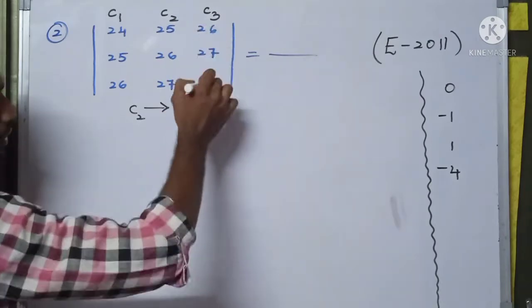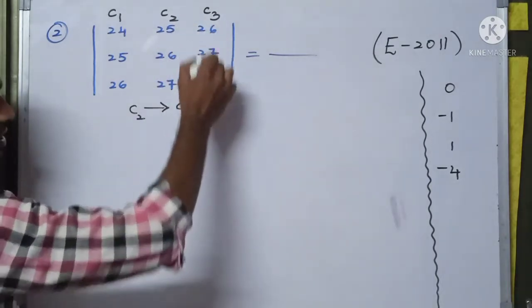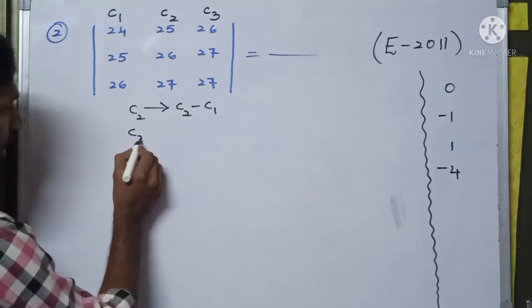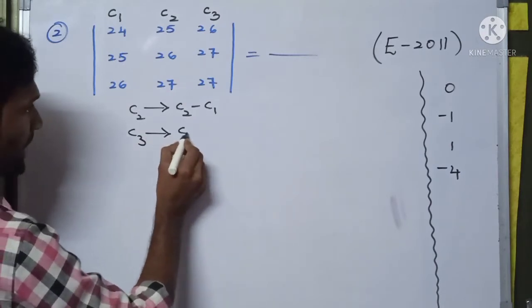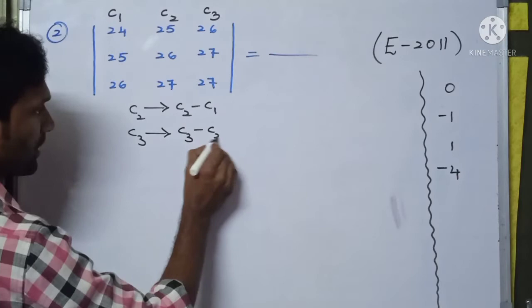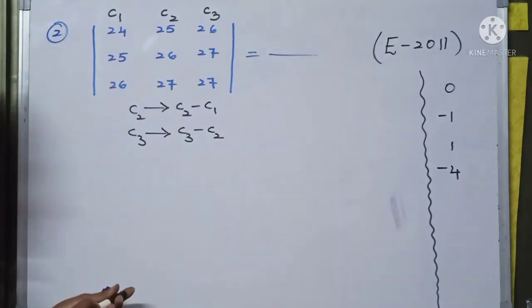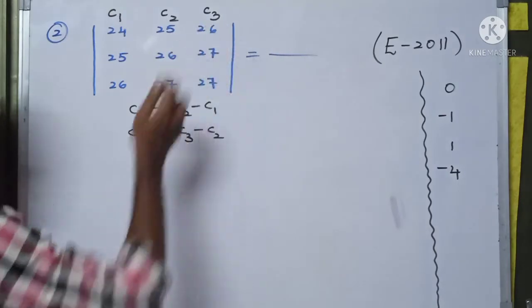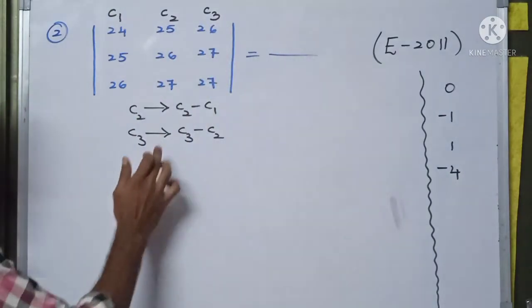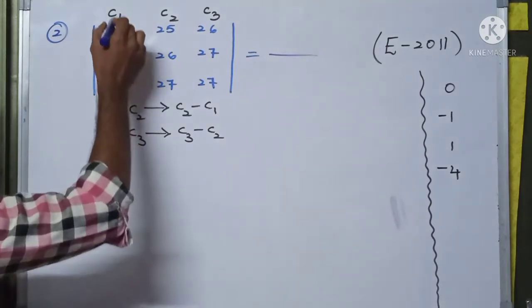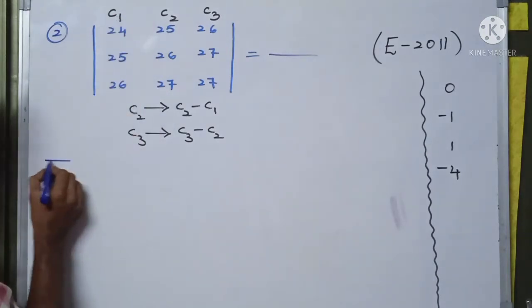Come to third column. The standard transformation to change the third column is C3 implies C3 minus C2. Now apply these two transformations to second and third columns. But before applying them, write the elements of first column as the same.